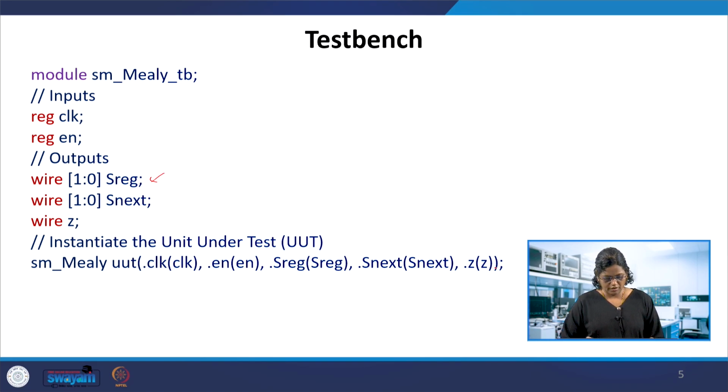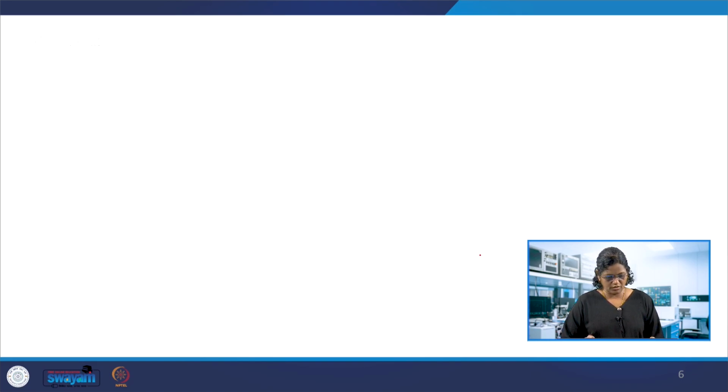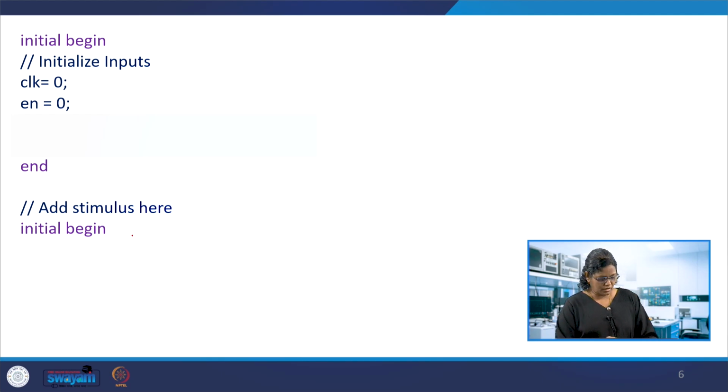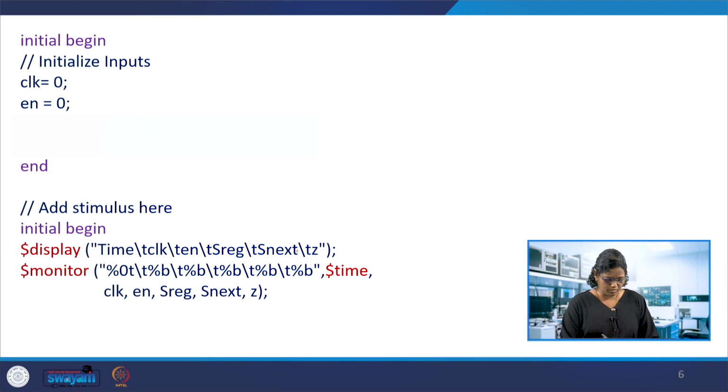After instantiation, we initialize those inputs, clock and enable, and then go to the stimulus. In the stimulus we use display and monitor and $time, where clock, enable, sreg, snext and z are the signals we are going to observe.